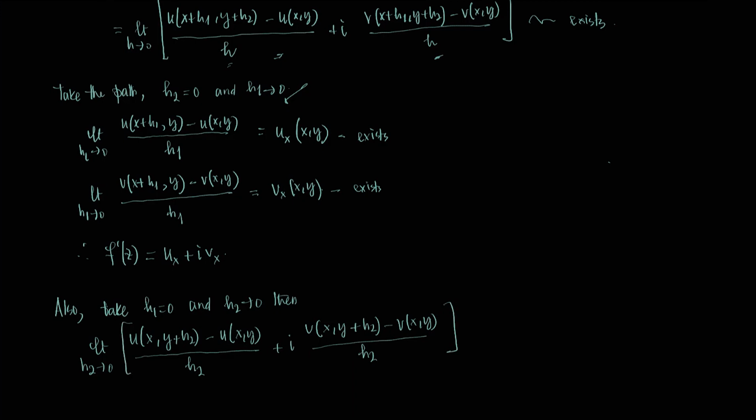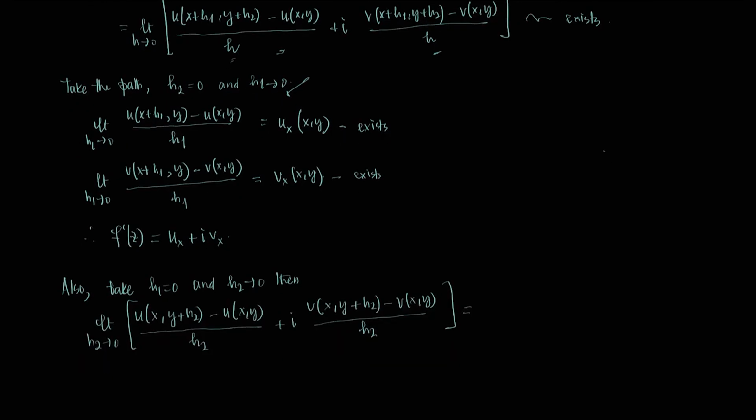Clear? Along this path also the limit exists. This we already know. So if we write it down, what happens here is this.